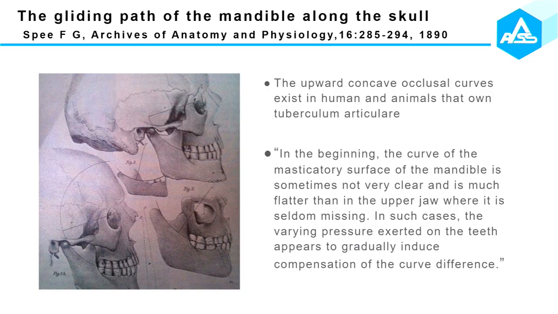Then he said the varying pressure caused the compensation. So the upper curve becomes less and the lower curvature becomes larger to make the compensation. So it seems the curvature originates from the upper arch, not the lower arch.